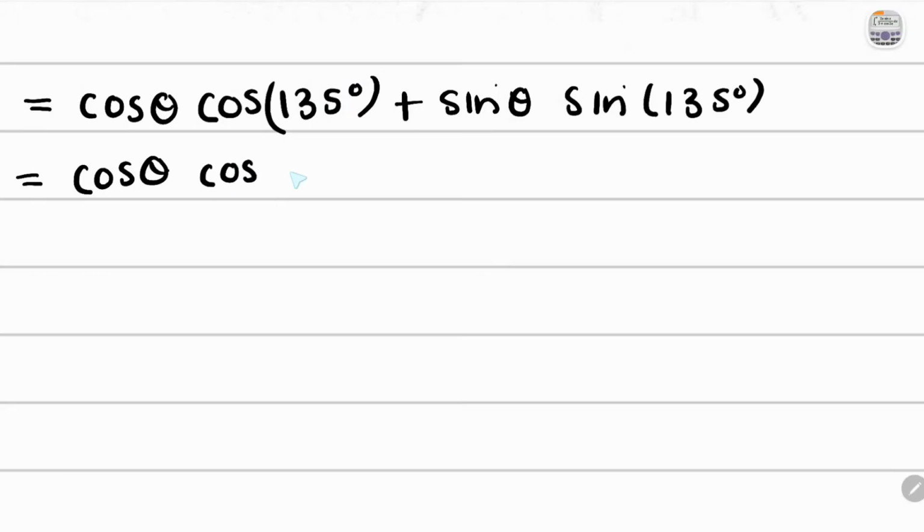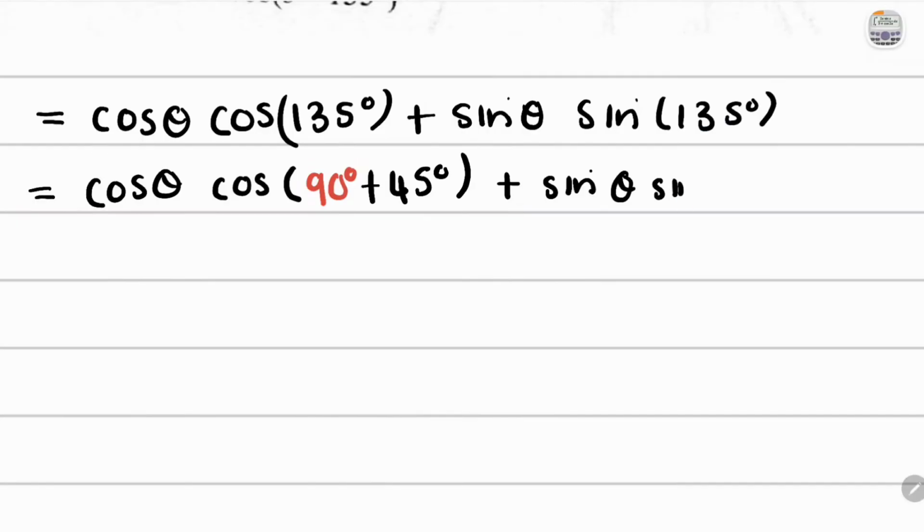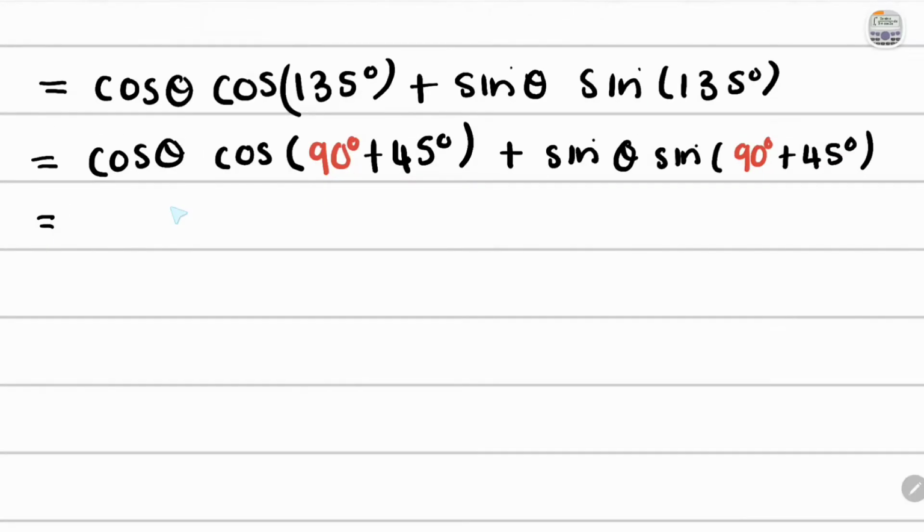So this means that this is going to be cos of 90 degrees plus 45 degrees. This is plus, and then we still have sine theta, and then sine 135 degrees is going to be sine of 90 degrees plus 45 degrees. So this is equal to cos theta times cos of 90 degrees plus 45 degrees.